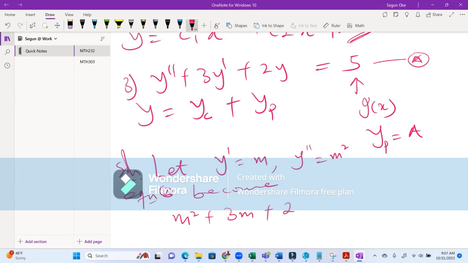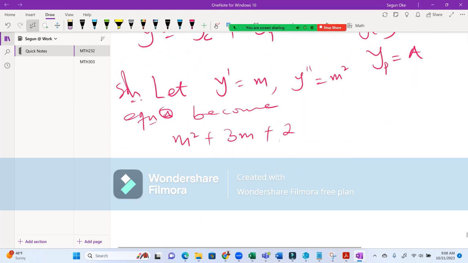Remember that this actually has nothing to do with it, because if my y' equals this, what happened to this? Now, we can substitute this one. What do we have?